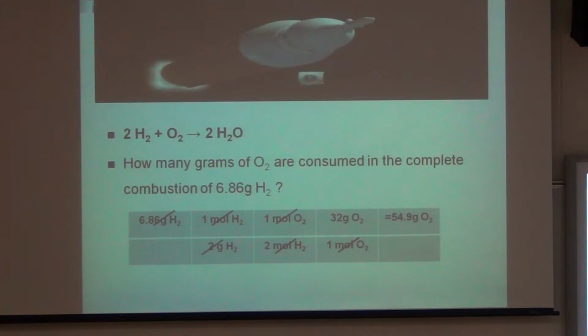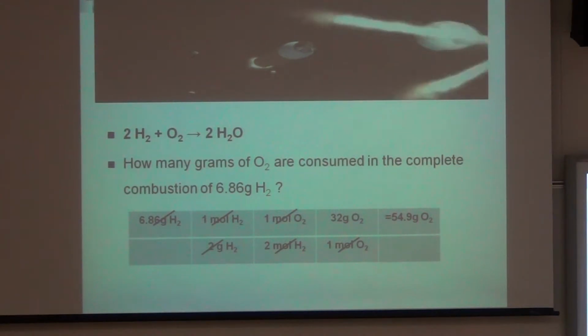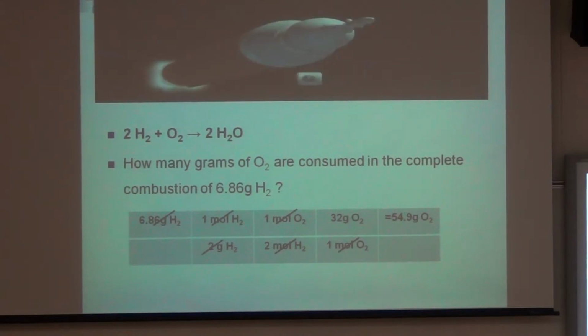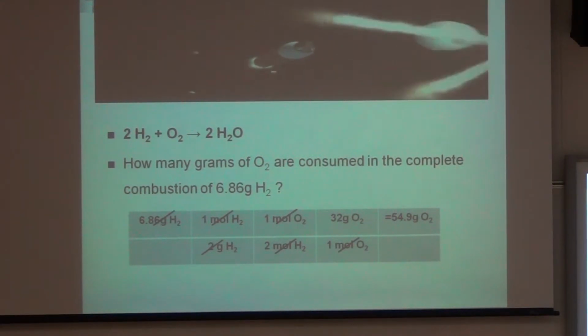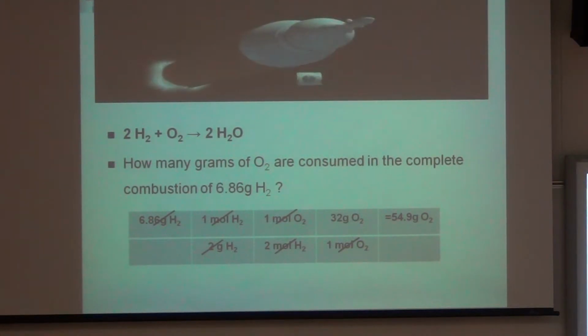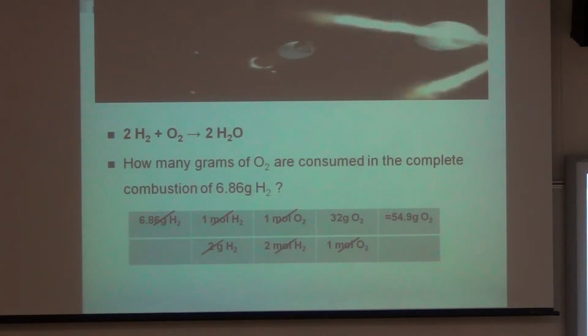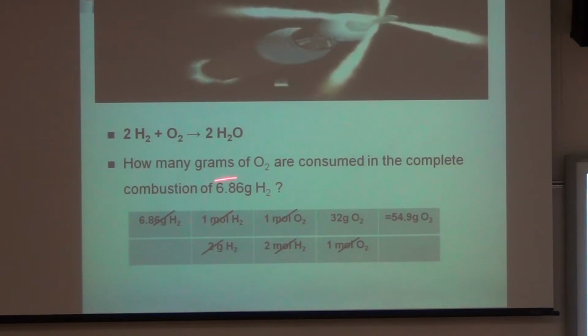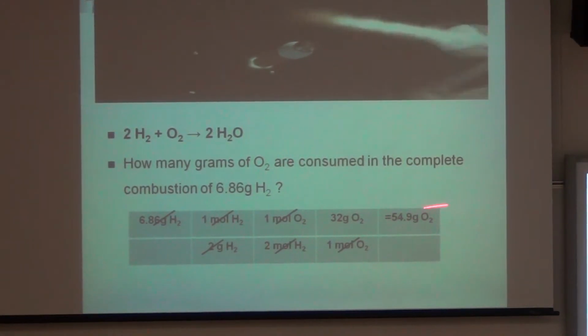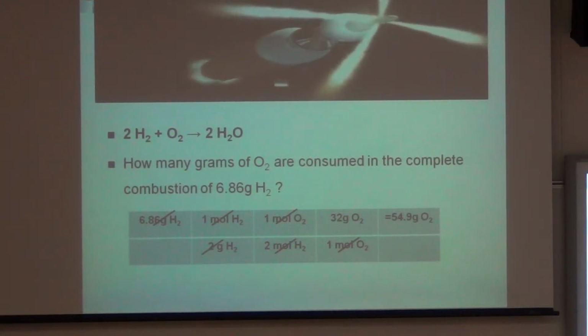One thing that I do want to point out is that when you write down your final answer, your significant figures should match what's given in the problem. So if we're given 3 sig figs in our known, our final answer should be rounded to 3 sig figs.